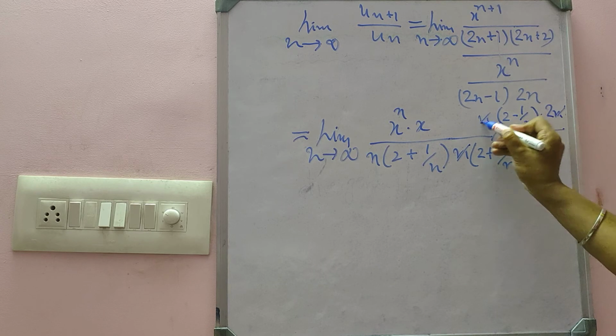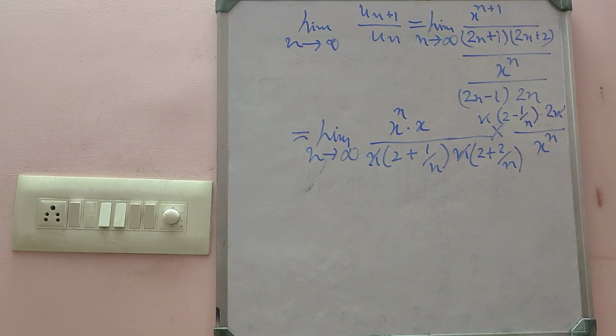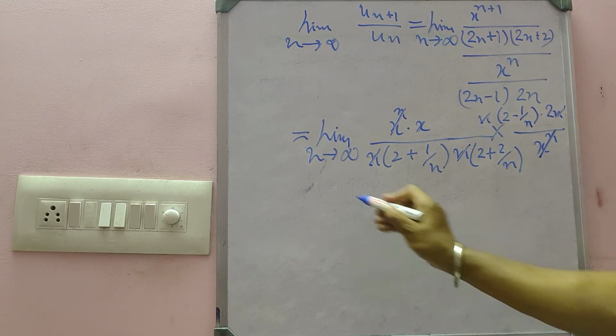Now this n and n cancelled out. This x power n cancelled out. So what remains here now?